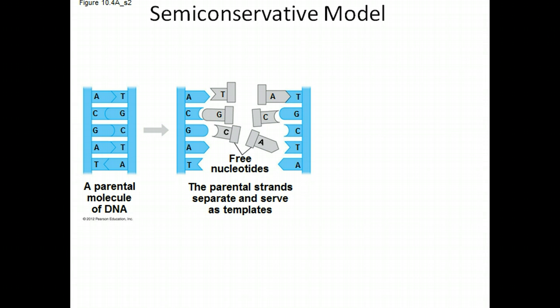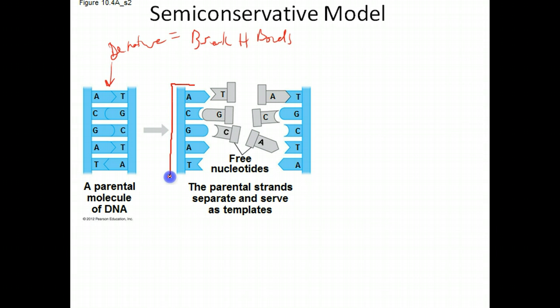Okay. Now, if you were to denature that DNA sample, denature meaning when you apply heat to it, basically you separate these two strands, you break the hydrogen bonds between those two strands, you're going to get separate parental strands. These parental strands are both going to serve as templates.